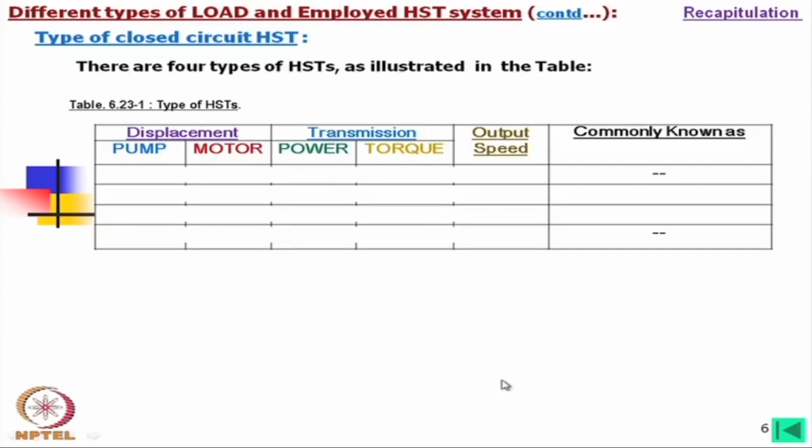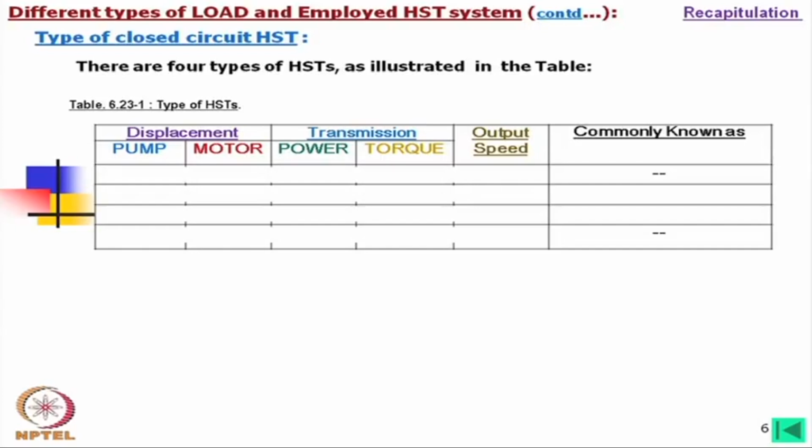Now, we shall look into the circuits. We have seen a few circuits, as well as the motor, open circuit, closed circuit, etc. Now, depending on different types of loads, the HST system employed may be of different types. But here we are discussing the closed circuit type, because this is what we normally call a hydrostatic transmission system for driving, say, earth moving equipment, a tractor, or a forklift truck.